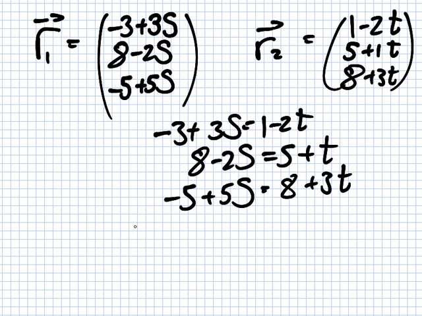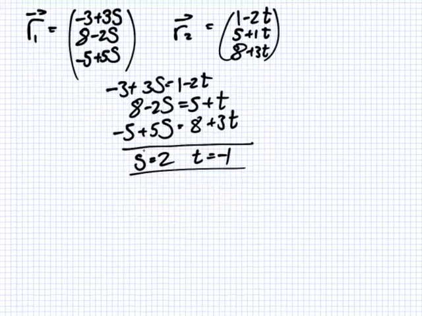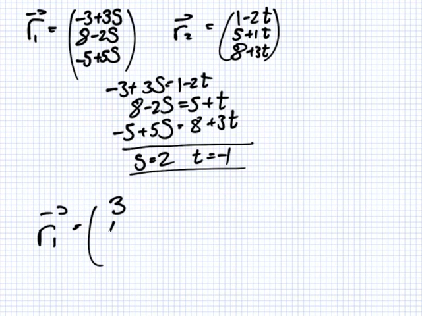I don't think I need to show you how to find t and s. I hope you can do that question. What is s and t? s is 2 and t is minus 1. Let's put that back in and double check that they meet. If s is 2, that means we have 3, 4, 5.